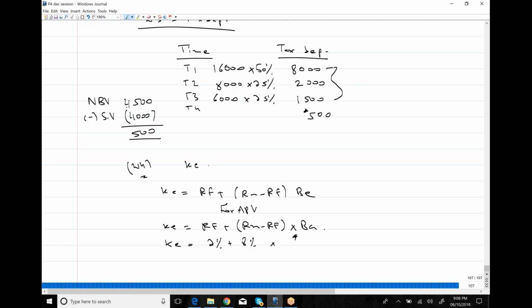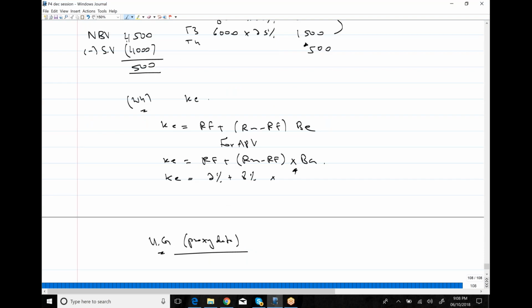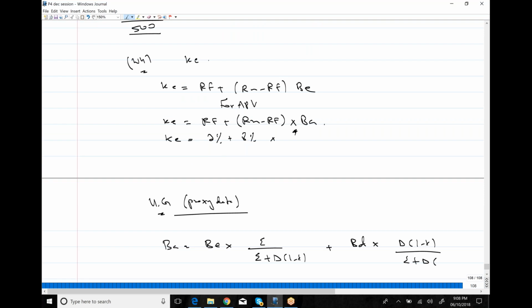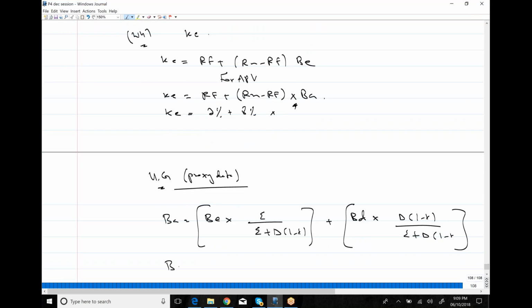So you will use your beta equation. Beta asset is equal to beta equity into E over (E plus D(1 minus T)) plus beta debt into D(1 minus T) over (E plus D(1 minus T)).